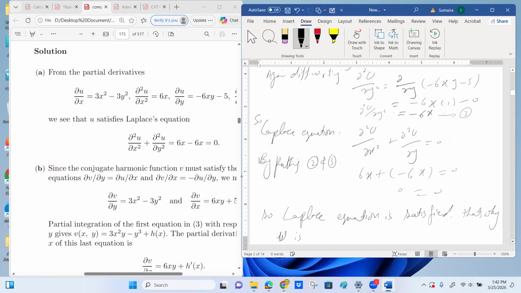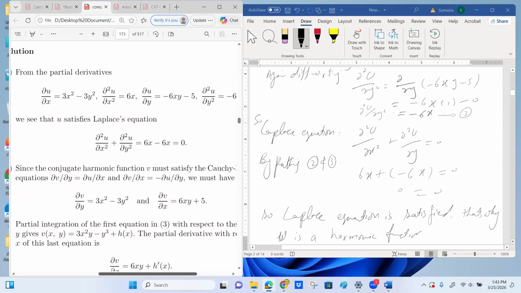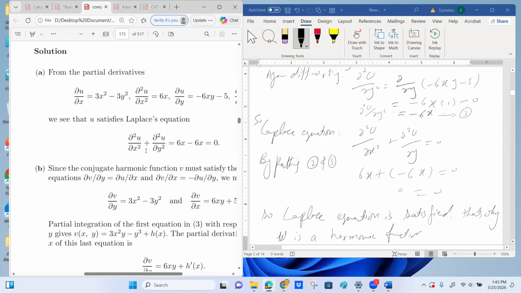That is the criterion for a harmonic function: we take the second derivatives with respect to x and y, sum both double derivatives, and find the result 0. Now we will discuss the topic of the conjugate function.